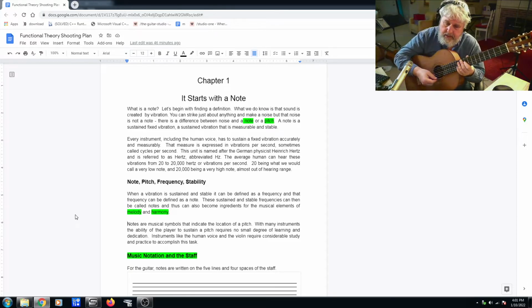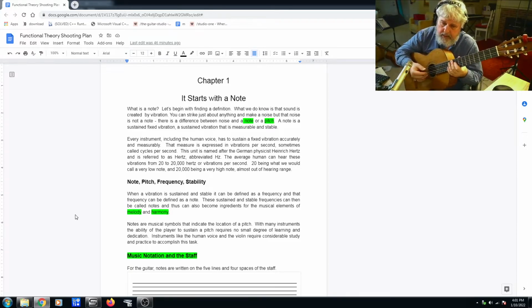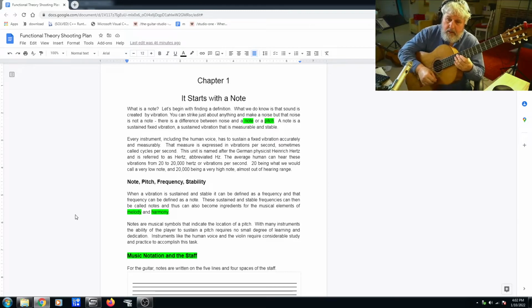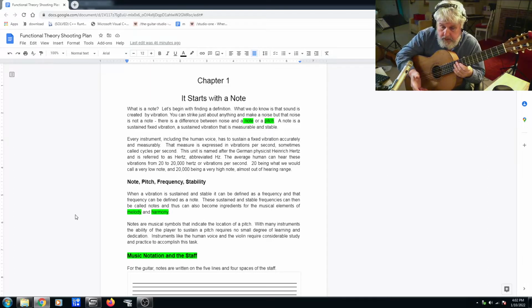I strike the string with a plectrum, and then we have a fixed frequency when my guitar is in tune. And if a guitar and a piano play together, we are in harmony, or in unison, if we strike the same note, right? Because that note is vibrating at the same frequency.